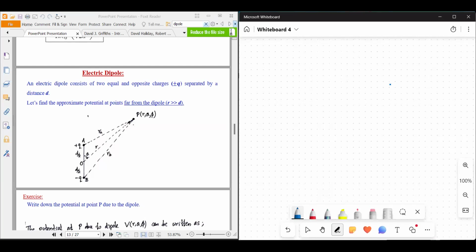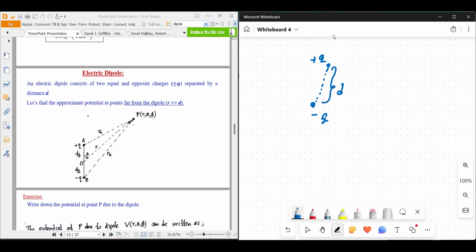Okay, so today we are going to discuss electric dipoles. Now, an electric dipole consists of two equal and opposite charges separated by a certain distance. Initially, we will have two charges, one with plus q and the other with minus q, and there is a certain separation distance d between them.